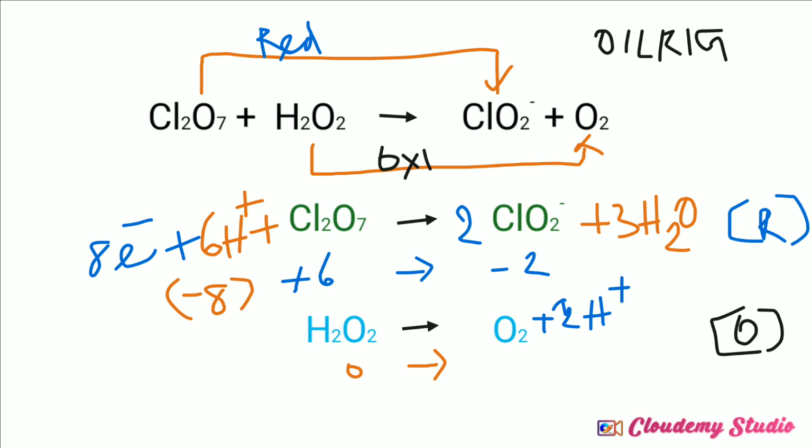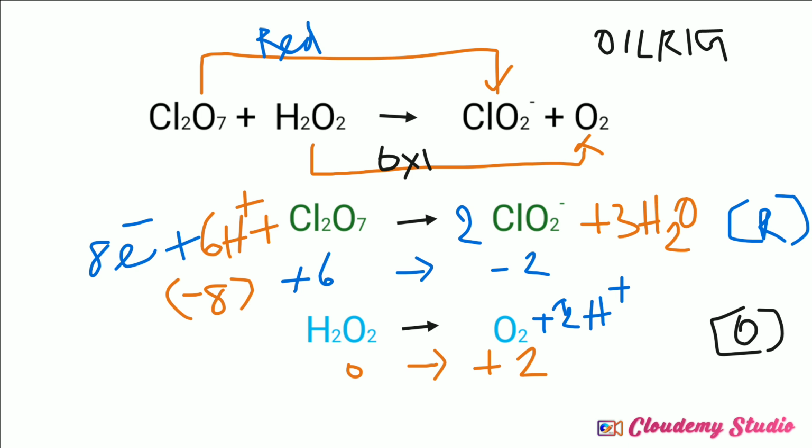The hydrogen ion has a charge of 1 positive, and it has a coefficient of 2, therefore 2 times plus 1, so the total charge on the right hand side will be plus 2.